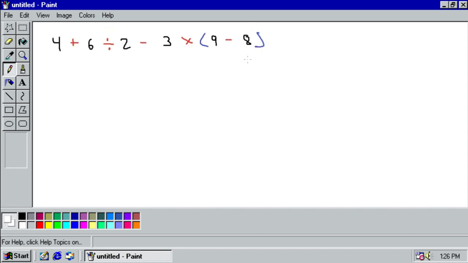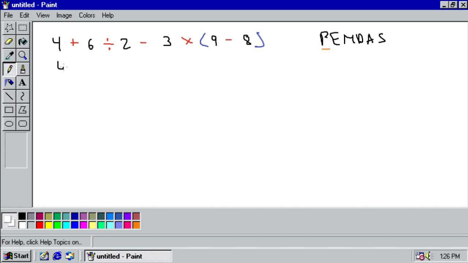Okay, so first let's put PEMDAS on the side. First things first, we need to get the answer inside the parentheses.